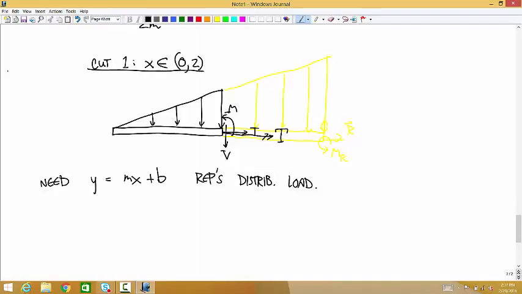So if this is X equals 0, and Y is equal to 0, and this is X equals 2, and Y is equal to 4,000, what's the function for that line? Right. It's a rise of 4,000, a run of 2, so the slope is 2,000. The y-intercept is 0. So I'll write it as 4,000 over 2 times x plus 0, so 2,000x.